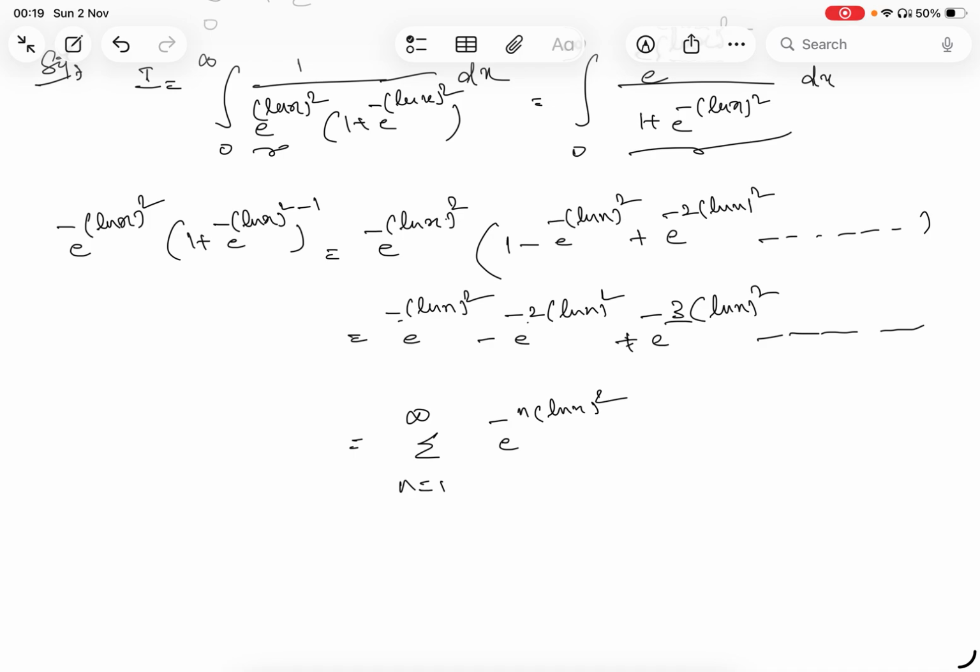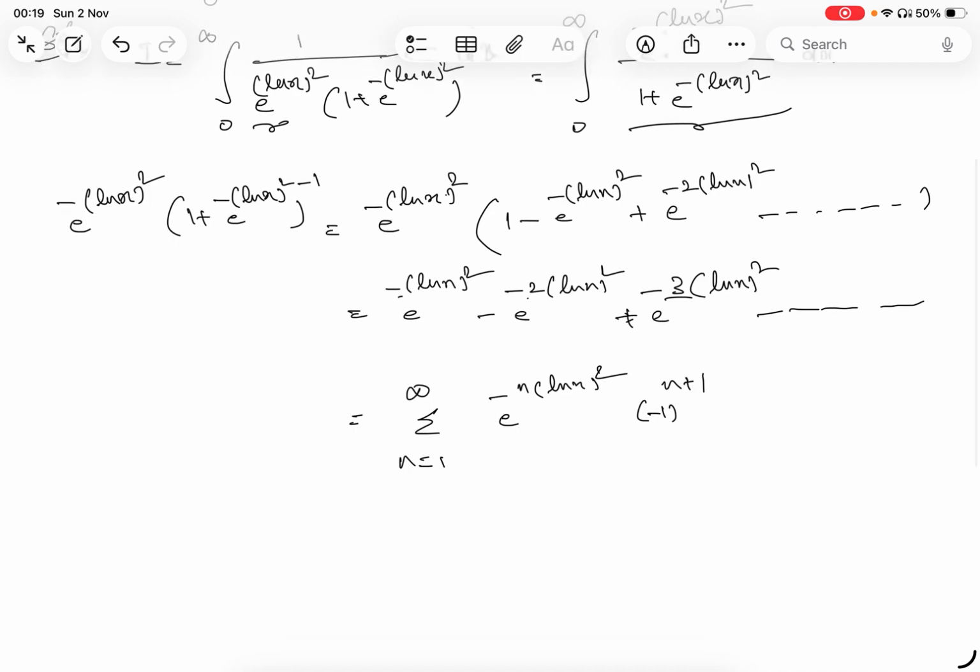For the second term it's minus, for the first term it's plus. So this will be minus 1 whole power n plus 1. So when n equal to 2, this will be minus 1 whole power 2 plus 1, which is minus 1 whole power 3, which makes it minus. So there is a minus symbol here in the second term.